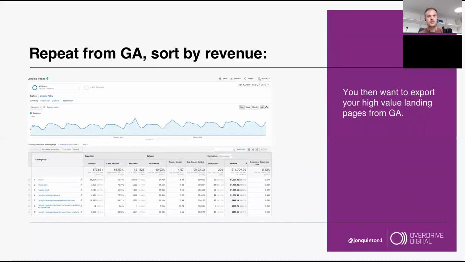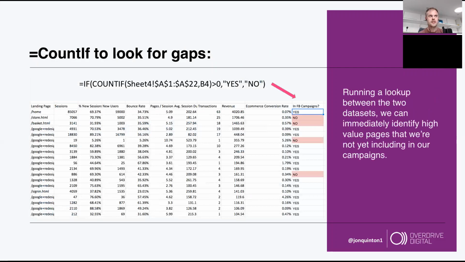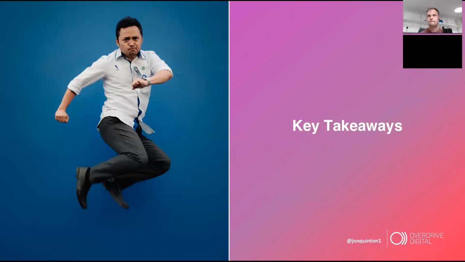Get your highest revenue generating landing pages, export those, and then it's really easy to do a lookup between those two data sets. Is this highest revenue generating landing page reported in GA in my Facebook ads campaign? If not, why not? Let's get it in.